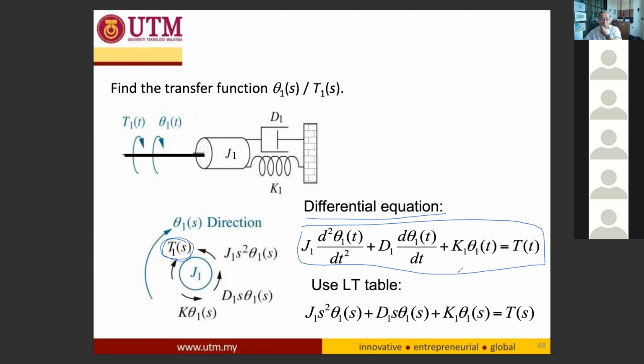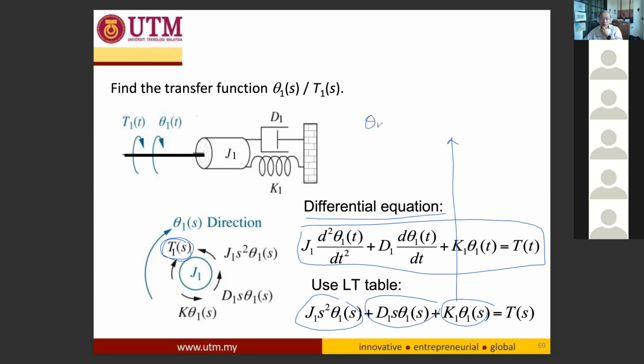Okay. So when you use the Laplace transform, you follow the previous table of slide 68. So this will become J S square theta 1, plus D1 S theta 1, plus K1 theta 1. Right? So from here, you just factorize.